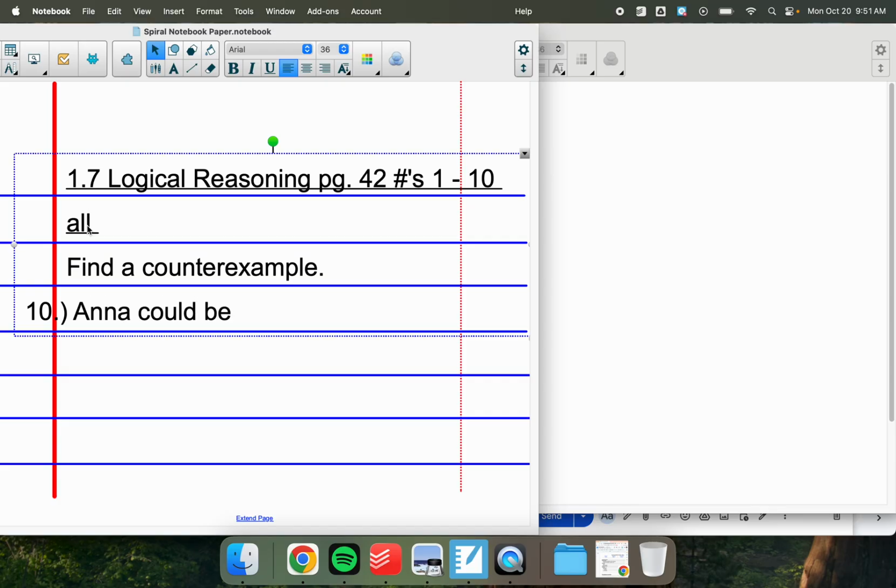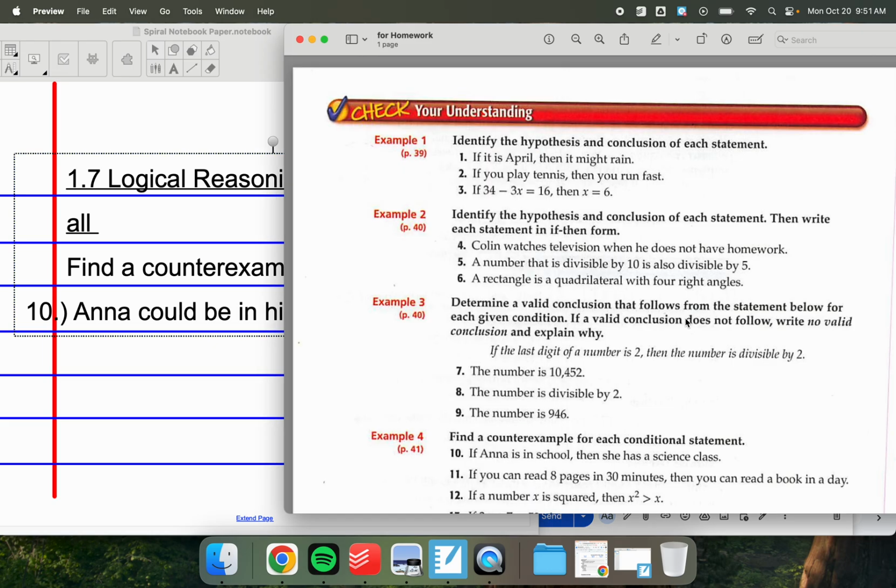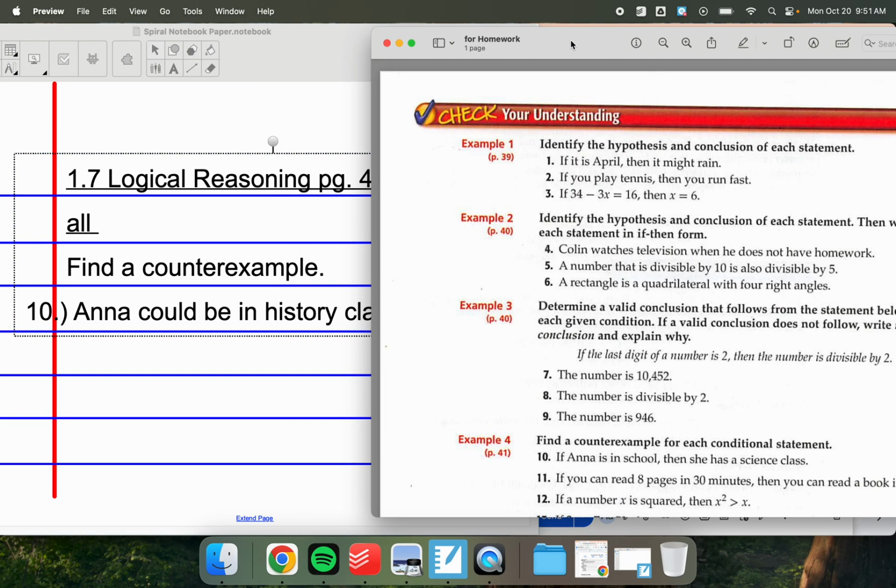Anna could be in history class. She's not like she's always every single second of the day hanging out in science. So, hey, she could be in history class, and that's a counterexample to when she could be in school, but not be in a science class. And that would be a counterexample that broke this conditional if-then statement. Conditional meaning this is conditional on that.